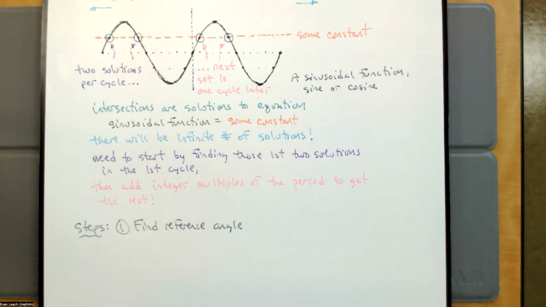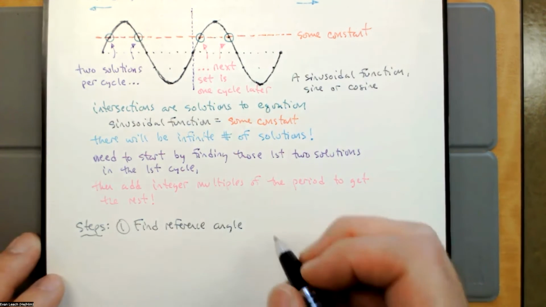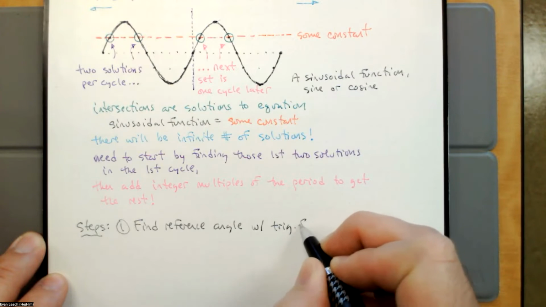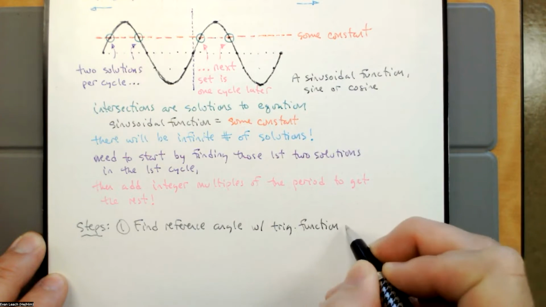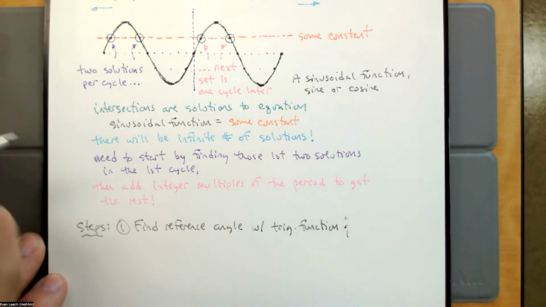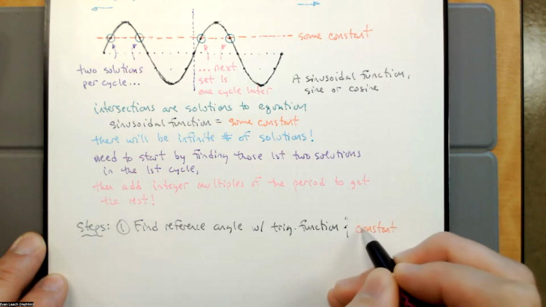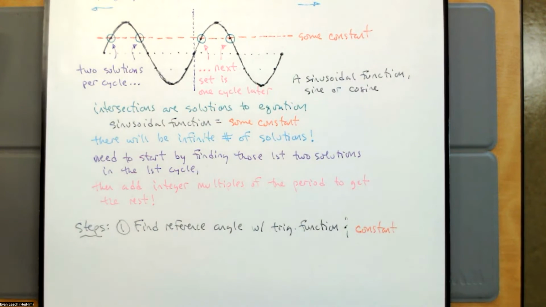For this, we'll need the trig function that's in play and the constant. We're going to ignore the sign of the constant because all we care about is the reference angle. So whether it says sine of theta equals 1/2 or sine of theta equals -1/2, we don't care about the plus and minus on the constant.